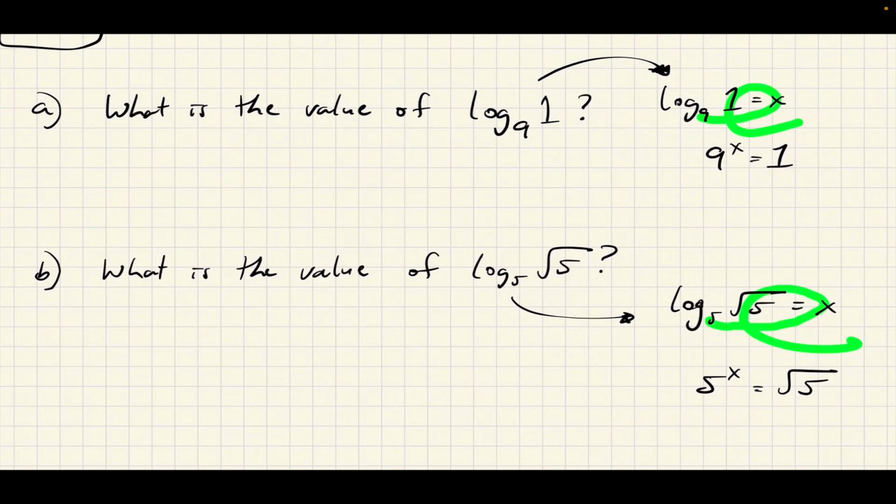What's the missing power? 9 to what power makes 1? What power will always make a positive 1? 0.